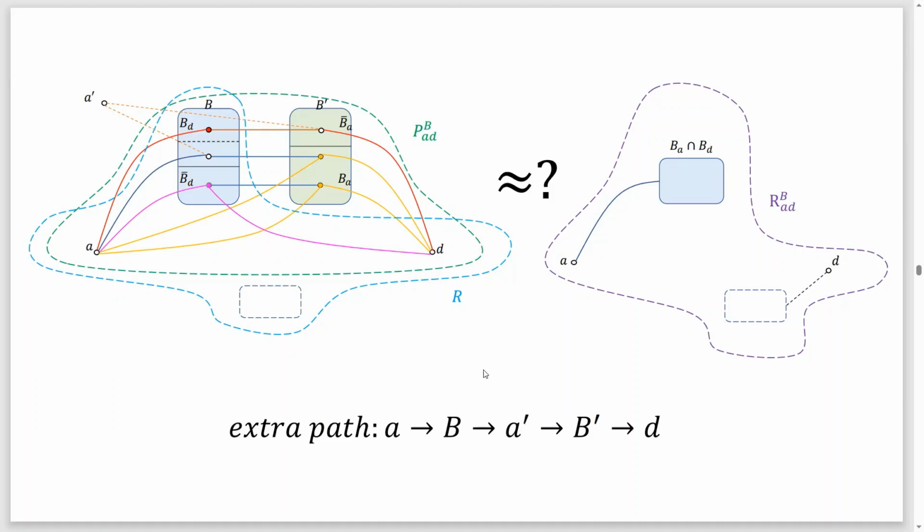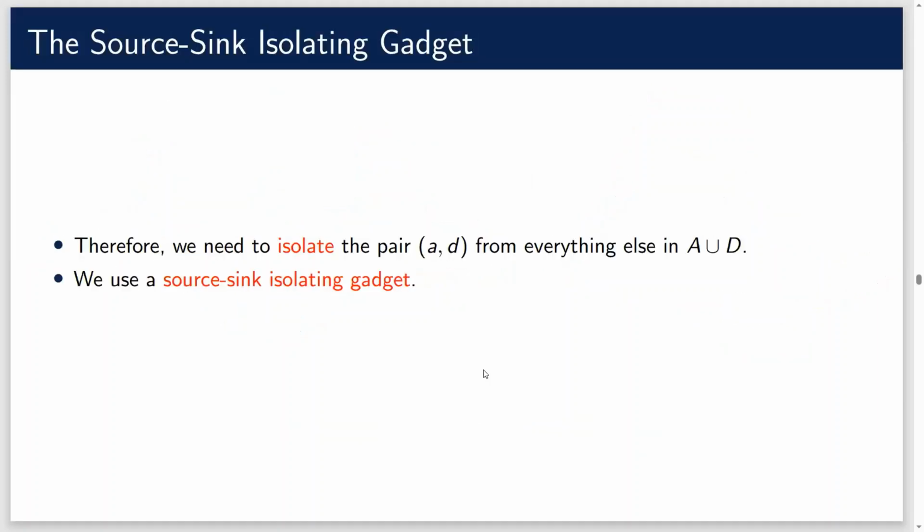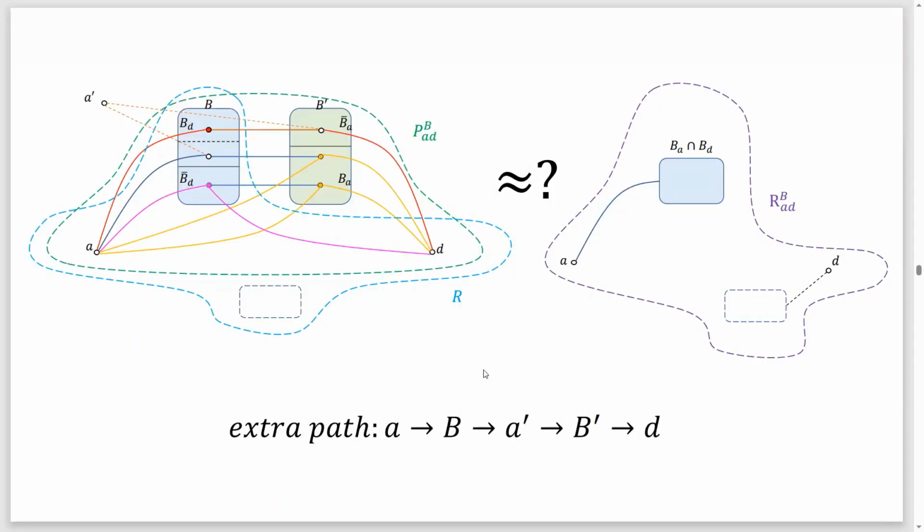So with more sources or sinks, we can have cases which are much more complex. The idea is that we isolate the pair A and D from everything else in A cup D. When we consider the connectivity of A and D, we can safely cut, or say ignore, the existence of A prime and treat it as only one source and only one sink here.